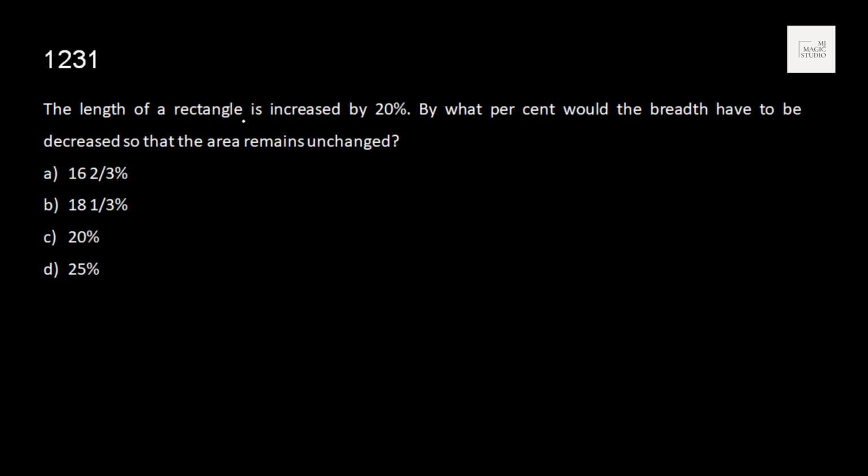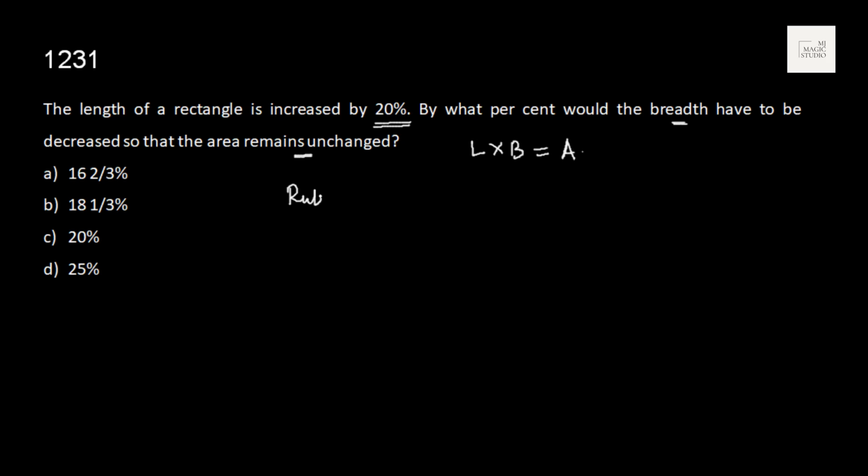The length of a rectangle is increased by 20%. By what percent would the breadth have to be decreased so that the area remains unchanged? We know length into breadth is equal to area.